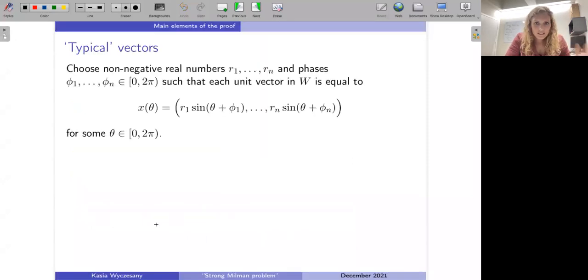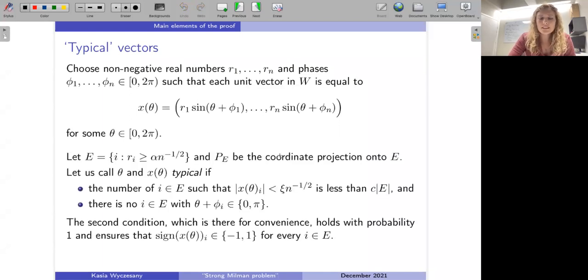So what we do here to analyze it is we consider typical vectors in a 2-dimensional space. So now choose a 2-dimensional space. We can always reparameterize it so that it's expressed as R_i sine of theta plus phi_i, where the R's and phi's are fixed, and theta is the parameter with respect to which we are parameterizing, of course.